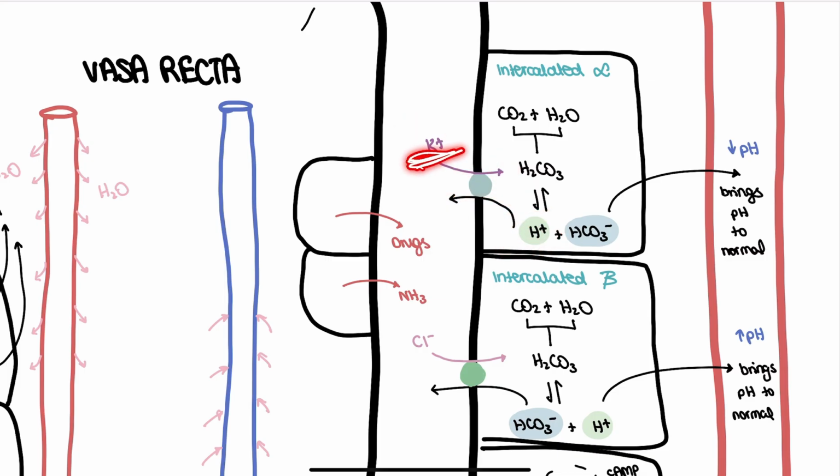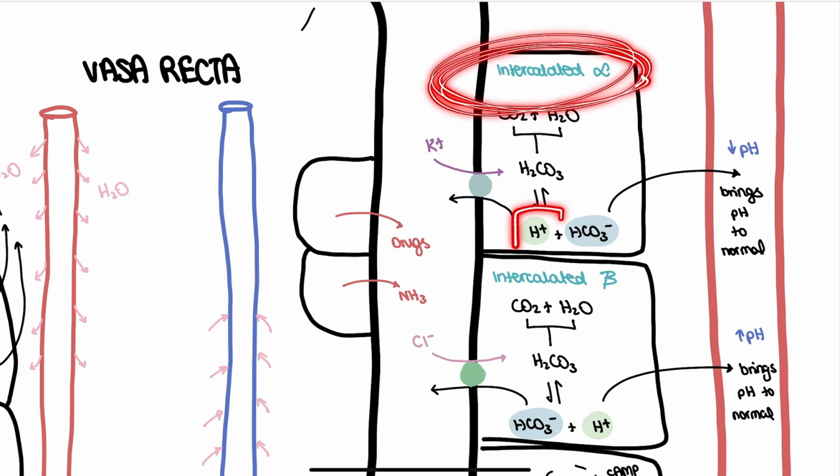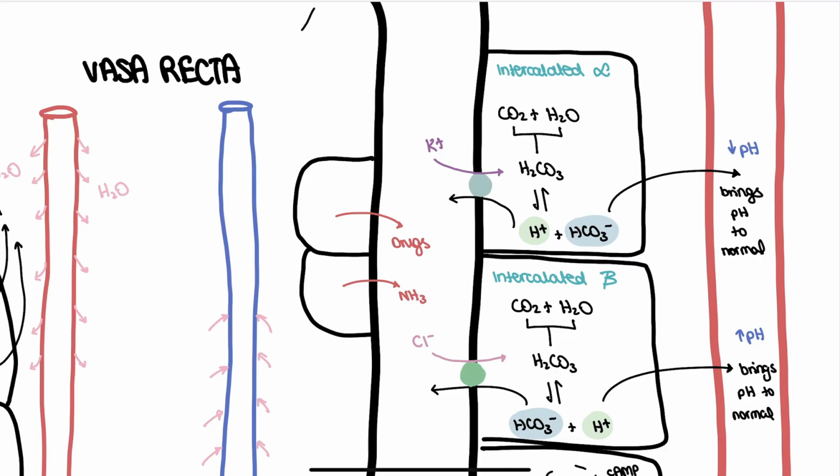The reason why this moves in is so that there is still a balance and there's no change in the electrochemical gradient. Here we're too acidic and we want to get rid of these protons to become more basic. So if there is a significant decrease in pH, so acidosis, bicarb is brought into the bloodstream to bring the pH back to normal.